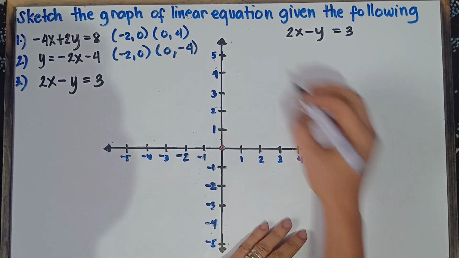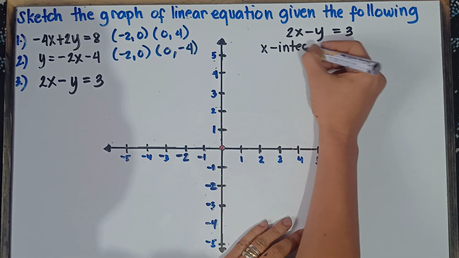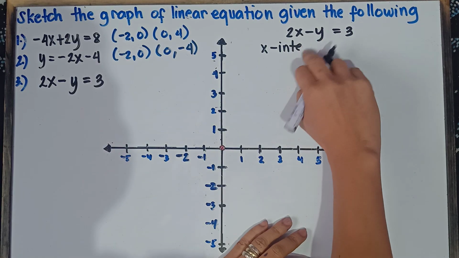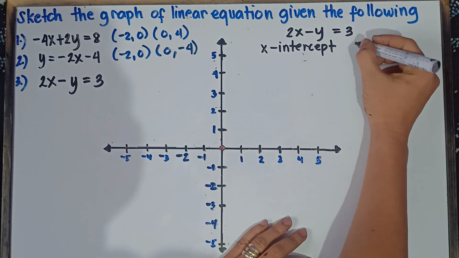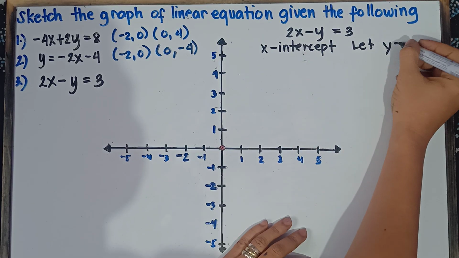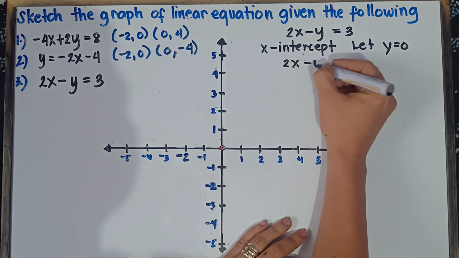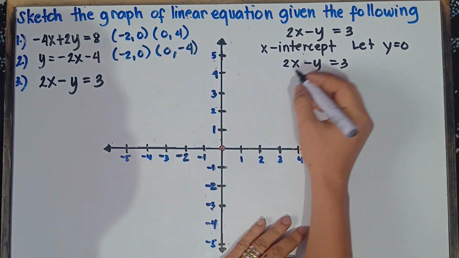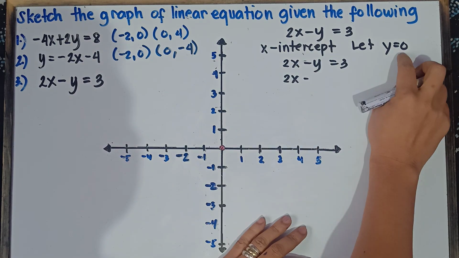So once again, class, we need to get the x-intercept first. To get the x-intercept, let y equal 0. So copy first the equation, 2x minus y equals 3. Copy 2x, copy the minus sign, and then y will be equal to 0.